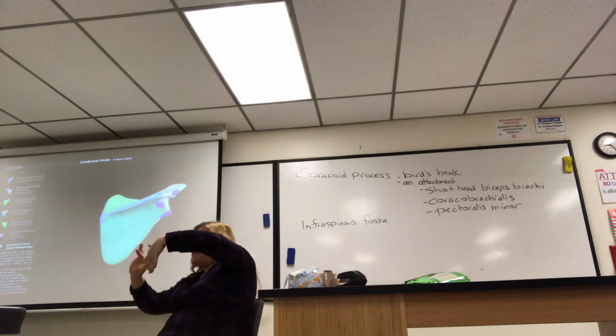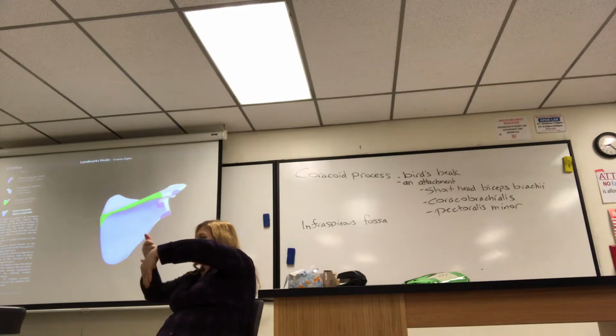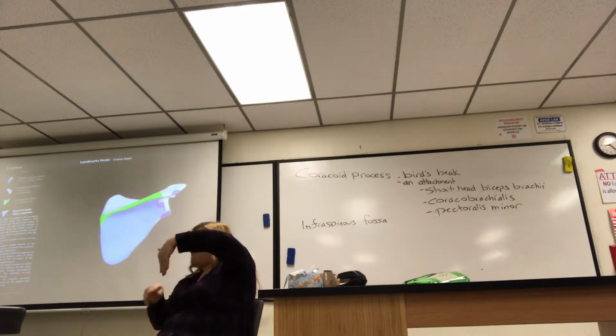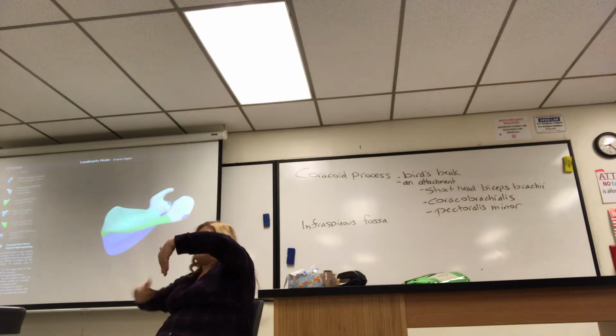So if what I have highlighted in green is the spine, and the purple area below it is the infraspinous fossa, what is that light purple area above it called?